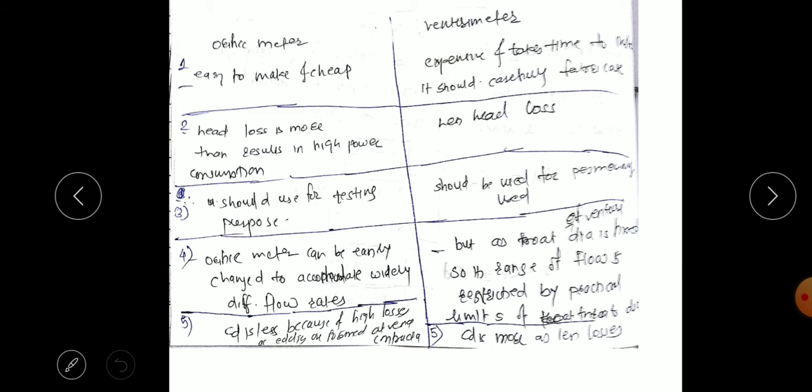So the venturimeter is expensive, and for a large pipe diameter it requires a large amount of material. So it is expensive and takes time to assemble into the pipeline. So the venturimeter, as compared to the orifice meter, is expensive and takes time to install.